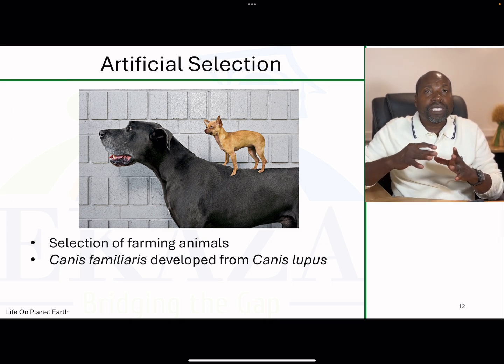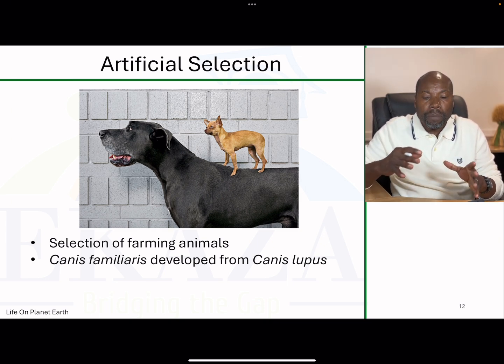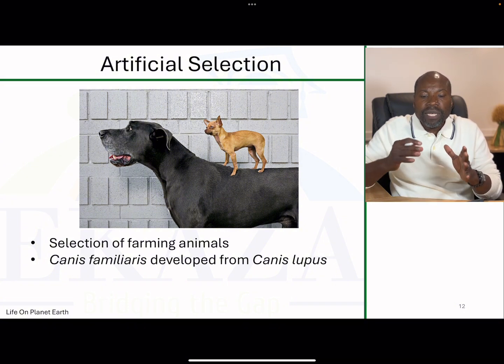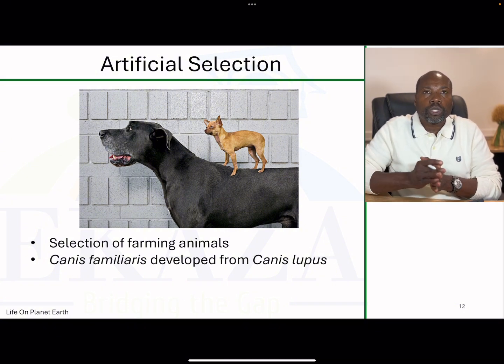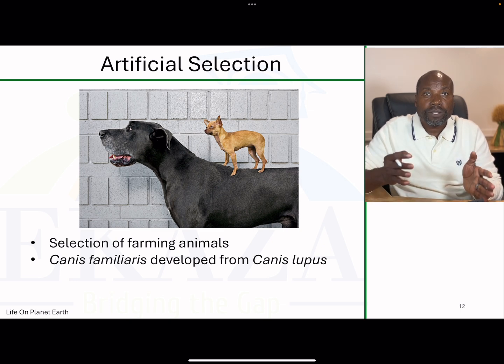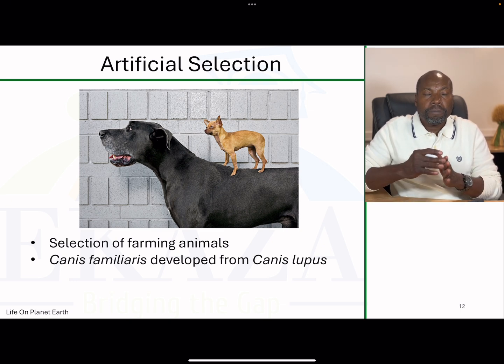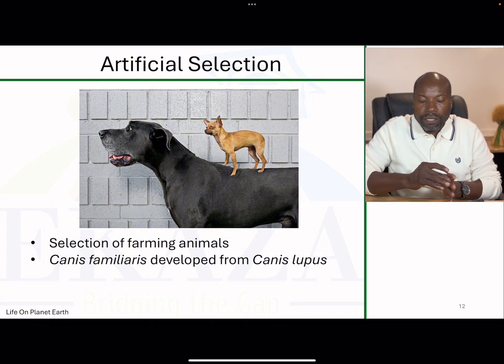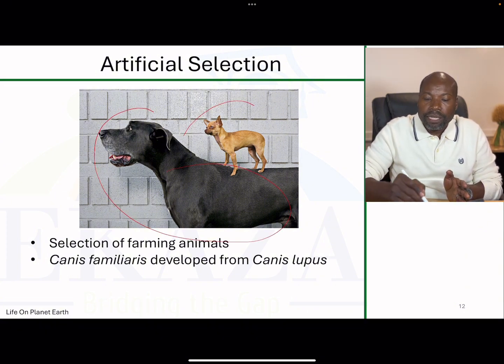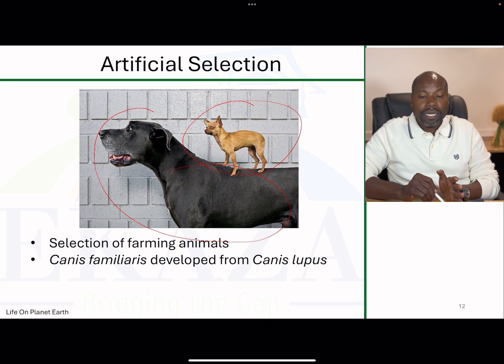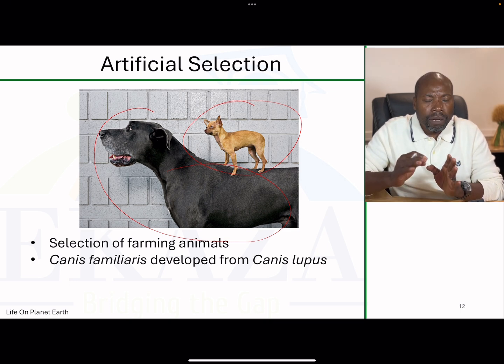All dogs that we see in our community today or across the world can be traced back to the wolf. All right? However, we see that from the wolf to the different kinds of dogs, including these two, right? They are extremely different from the wolf.